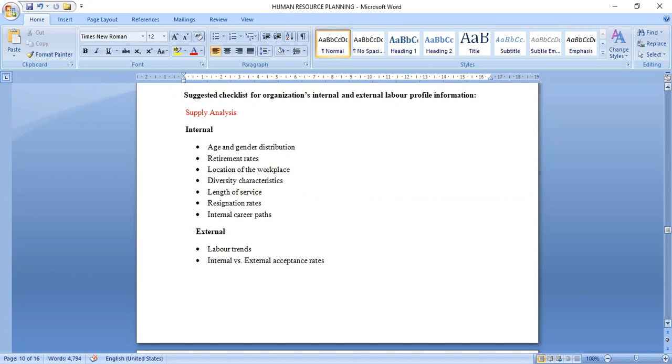That was supply analysis. And then also you can look at the external factors under the supply analysis. Look at the labor trends in your country, for example. How are the labor trends? For example, you may find that there are more people looking for jobs than the jobs available, the unemployment rates.